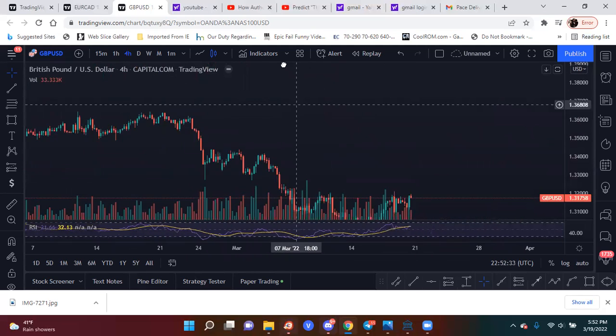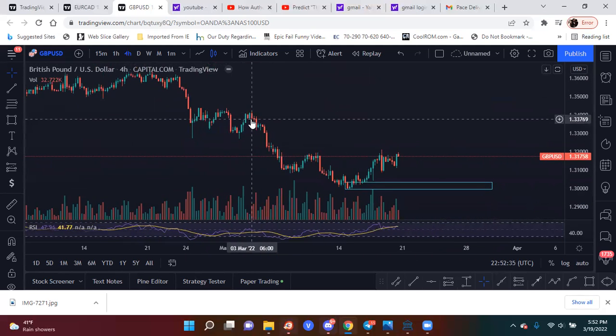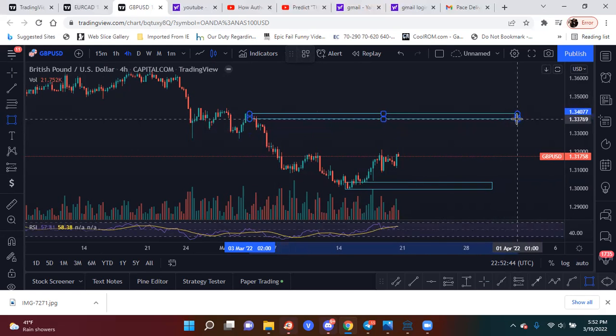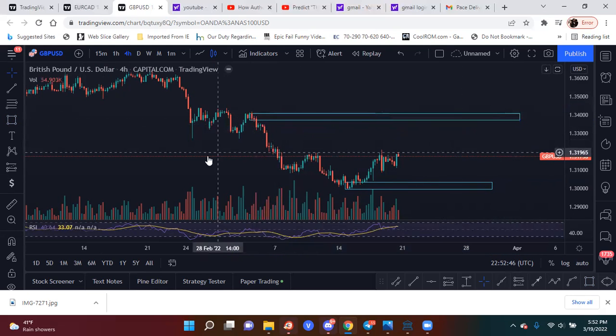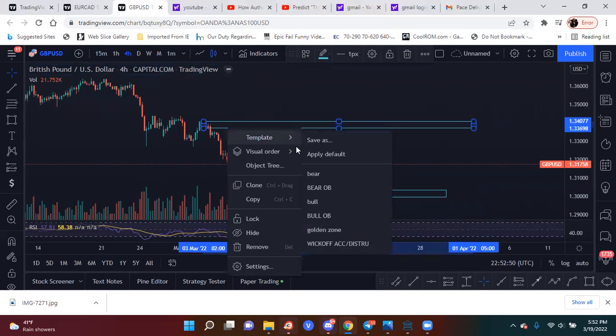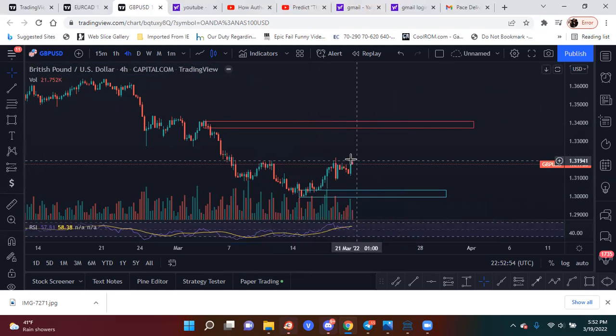So that push right there is the supply zone, the last red candle. We have a supply zone right there. And it's a new supply zone, because we're not worried about the past right now. I'm not saying not to worry about the past, but you get what I'm saying.